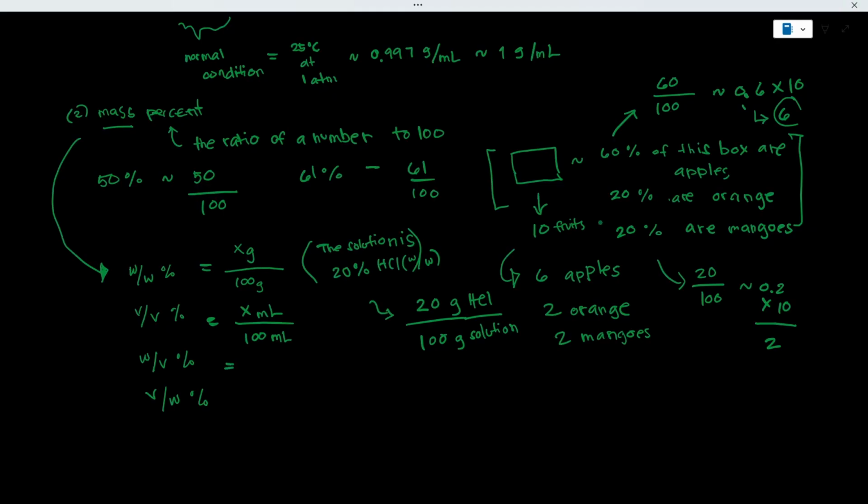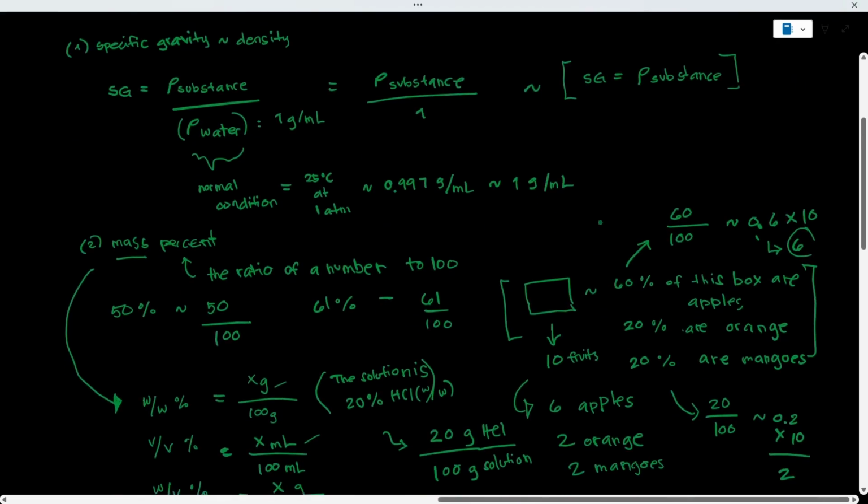Weight per volume is X gram per 100 mL, and volume per weight is just X mL per 100 gram. So they just use W to indicate that it is a mass and V to indicate that it is a volume.